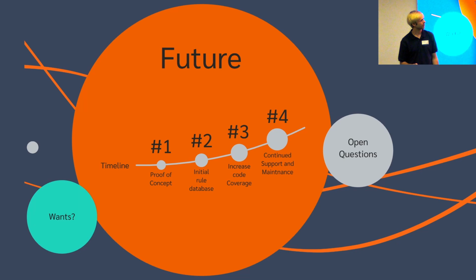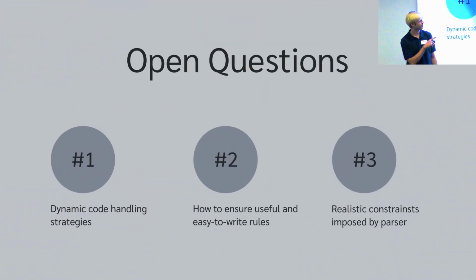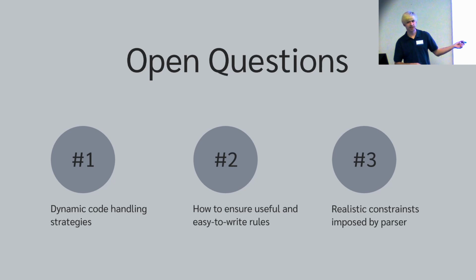I haven't talked about this a lot with Morten yet, but some of the open questions we have before we get there are, I mentioned handling dynamic code is quite challenging.